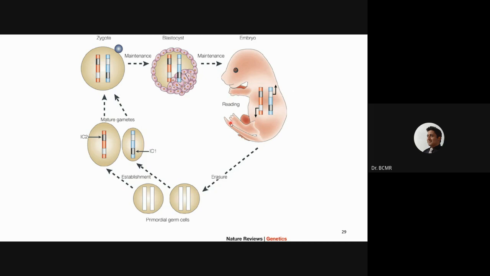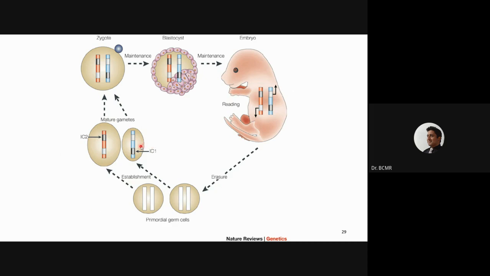If the embryo is male, there is one kind of imprinting. If the embryo is female, there will be another kind of imprinting, right? Of course, in the picture, the one that is giving rise to must have come from another embryo. Okay, just for illustration purpose, they have shown it together.